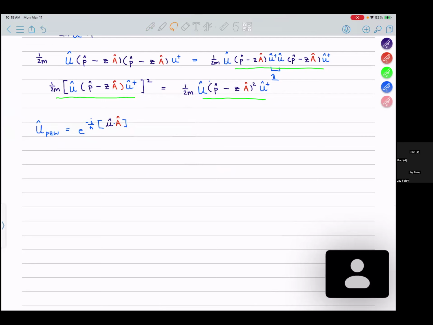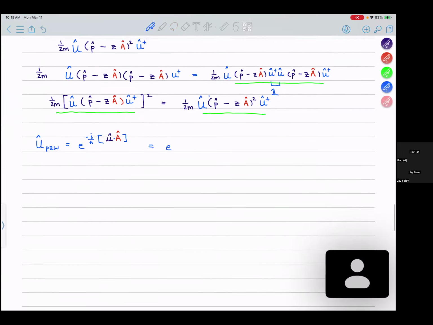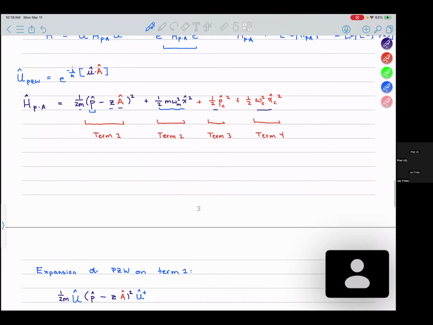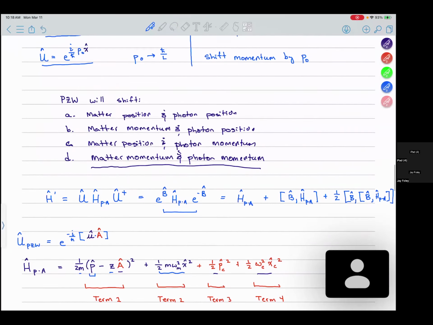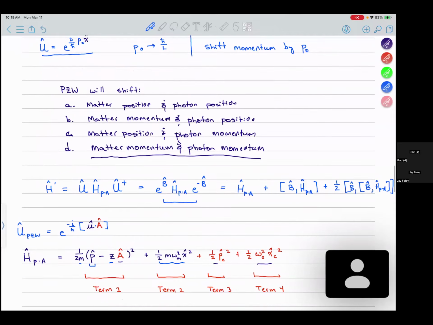Let's rename my operator E to B hat, so we want to make this thing look like B hat.